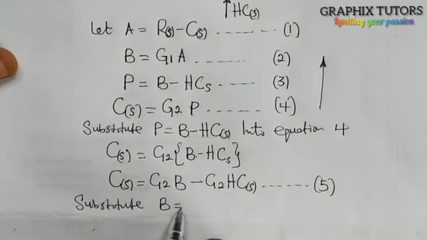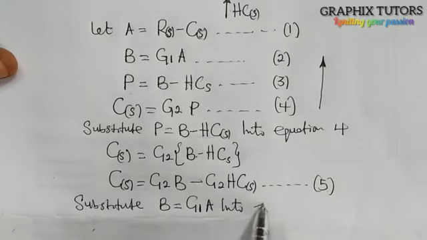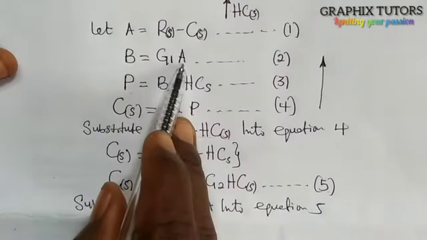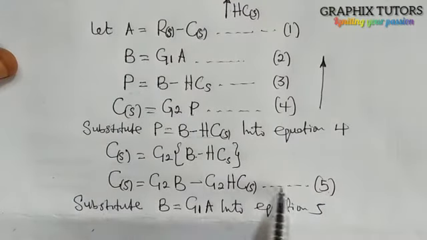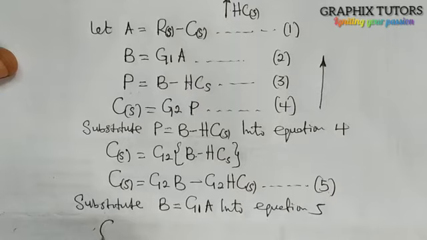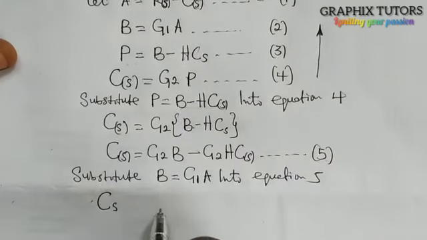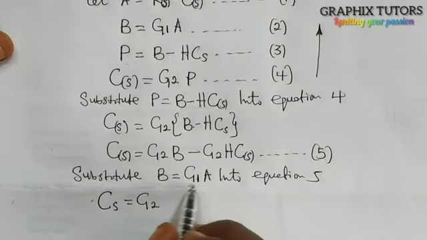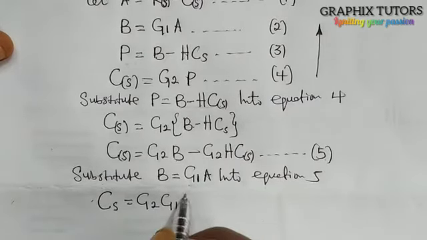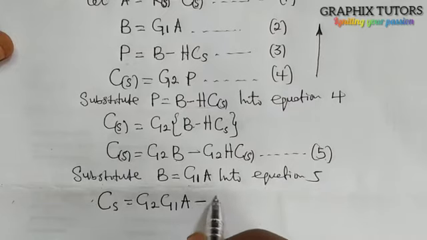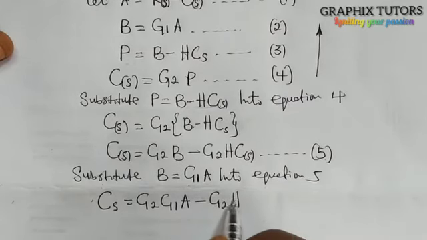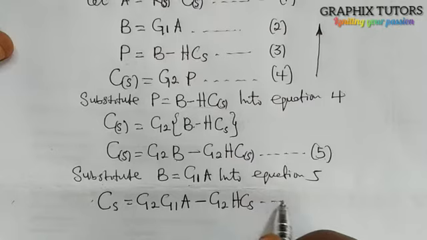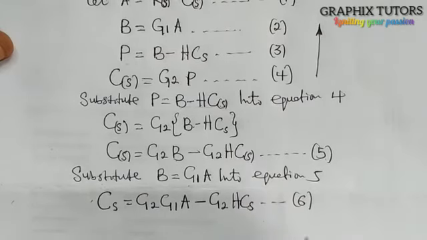Now also use substitution, right? B equals G1A into equation 5. And what is B? B is G1A, so put into this equation 5. So we have C(s) equals G2, so let me write my B and we put this, we have G1A minus G2HC(s). I'll term this equation 6.